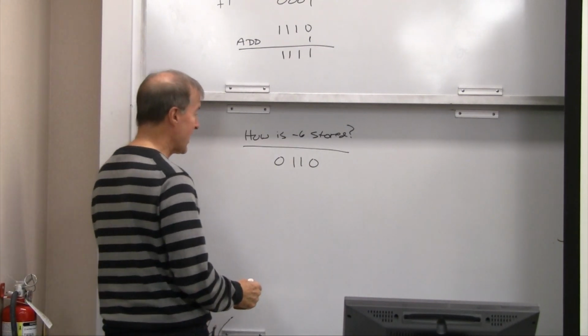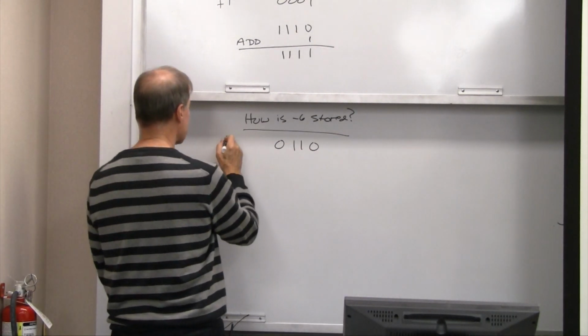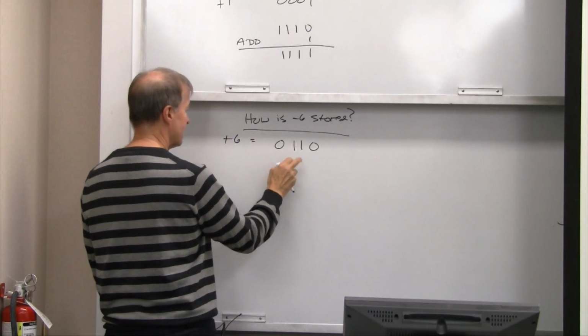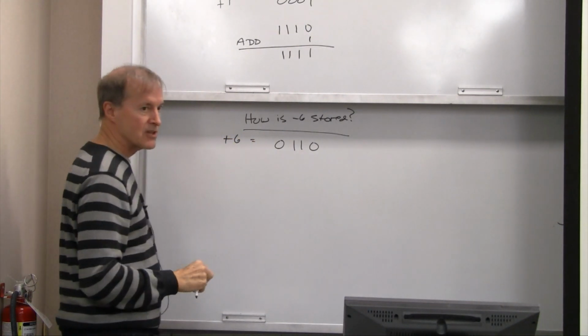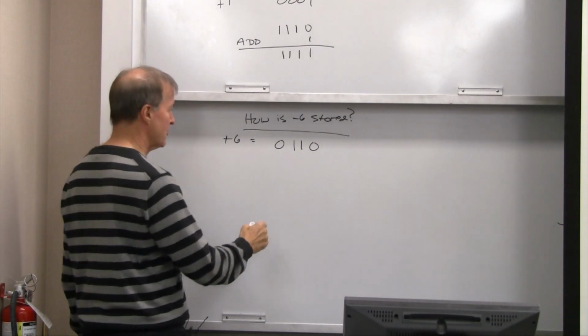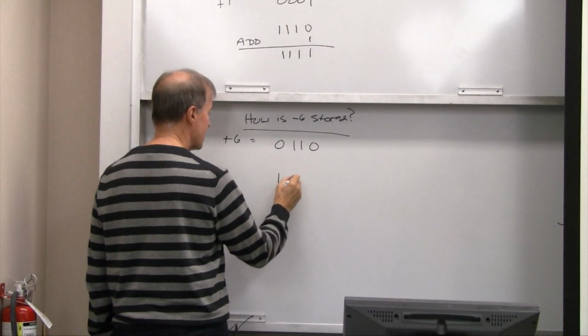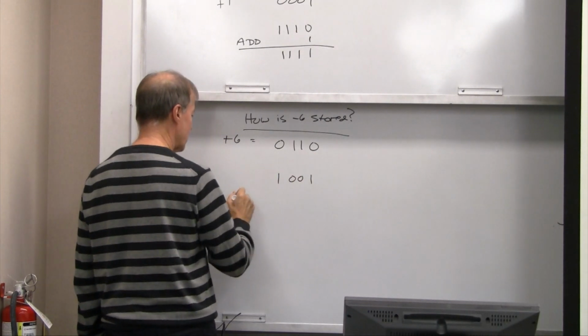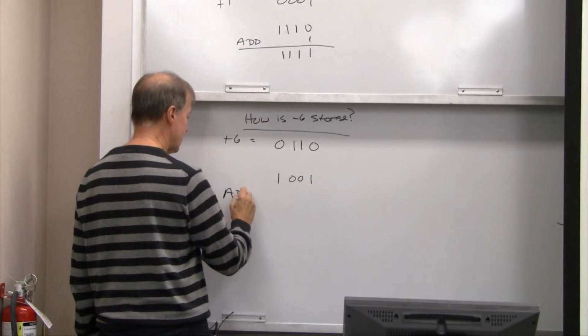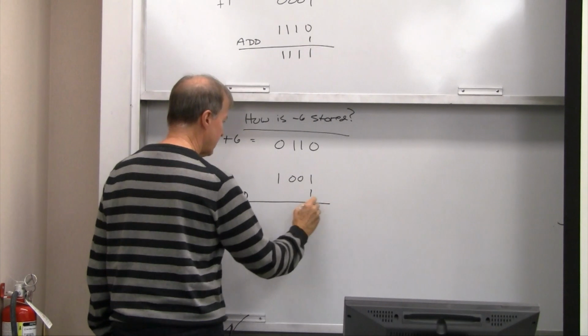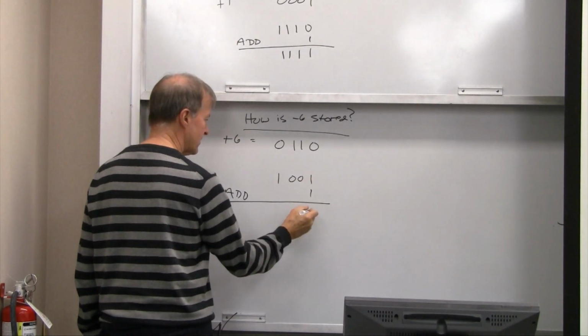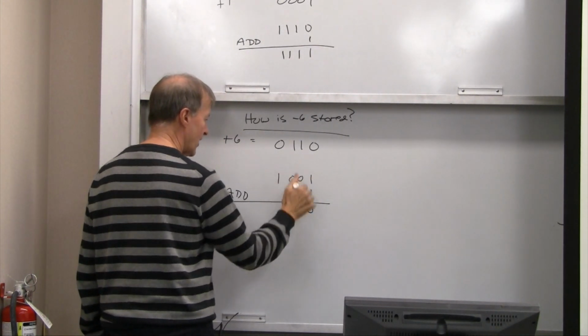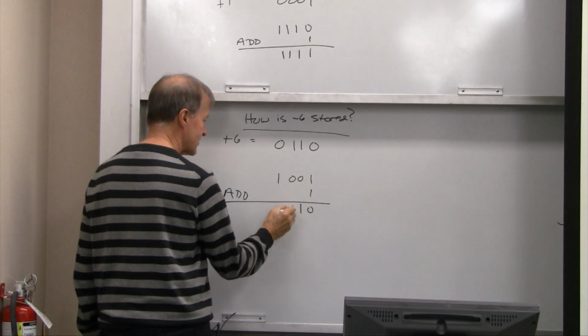So then how is -6 stored? You flip these, so 1, 0, 0, 1, and then you add 1. So what's 1 plus 1? 0, carry the 1. 1, 0, 1, 0.